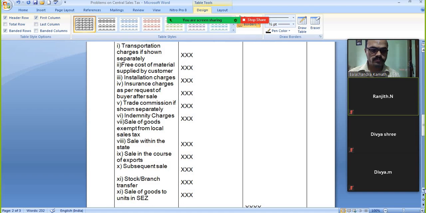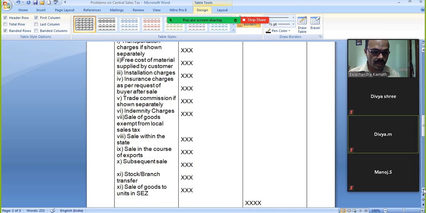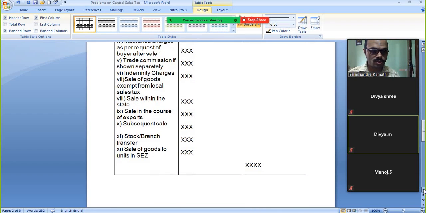Subsequent sale means after the first sale, if you are doing any sales by transfer of documents of title to goods, those are called subsequent sales. Then stock or branch transfer, which can be from head office to branch or from branch to branch. If such transactions are happening, that needs to be deducted. Then sale of goods to units in SEZ. SEZ means special economic zones.